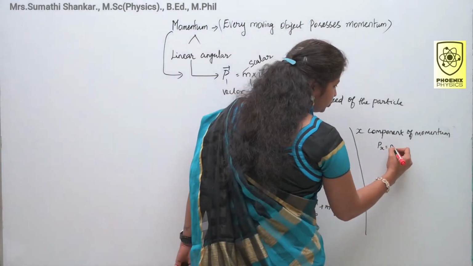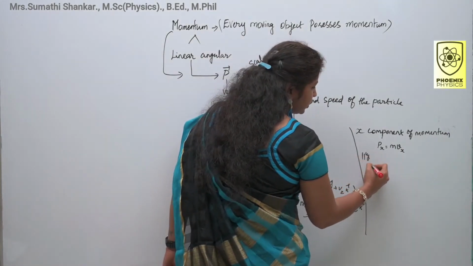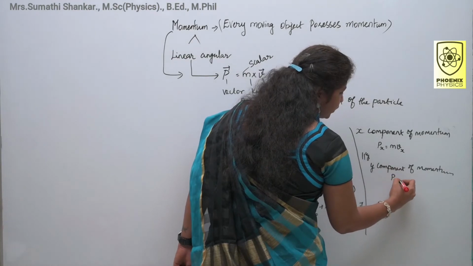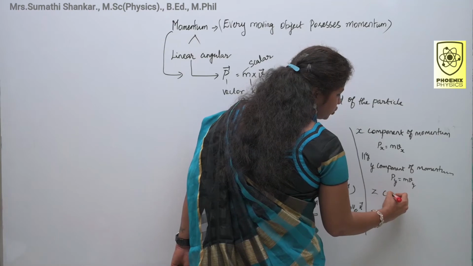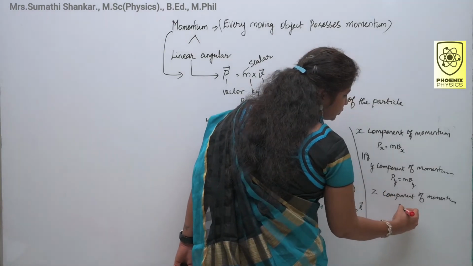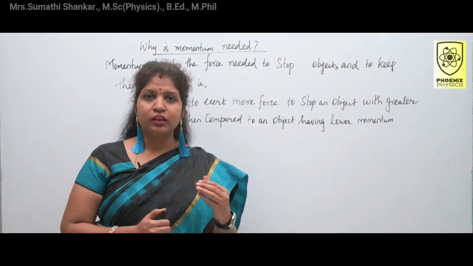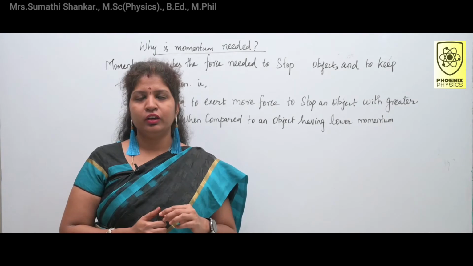Px is equal to m Vx. Similarly, y component of momentum Py is equal to m Vy. Z component of momentum Pz is equal to m into Vz. So far we studied about the definition for momentum and its unit.